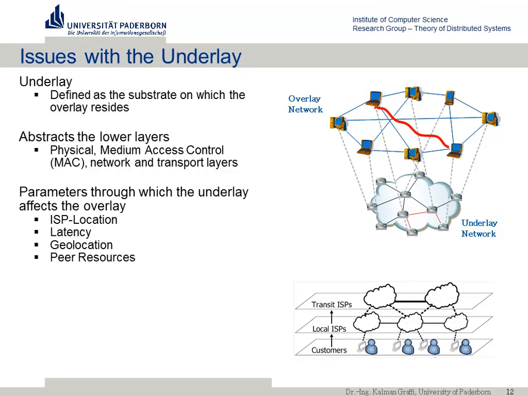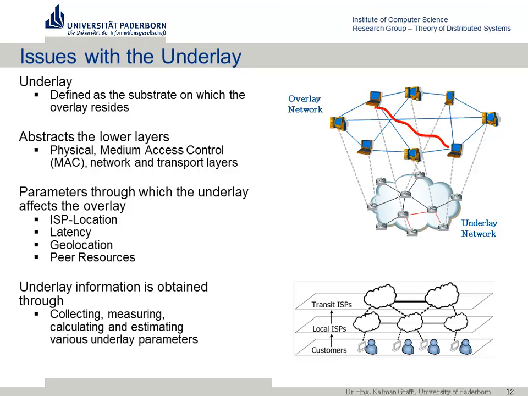Why it is relevant is that the internet service providers and their connections to each other are getting more and more relevant for the P2P overlay, both in terms of latency, geolocation, and what they can offer, but also in terms of how they are structured.